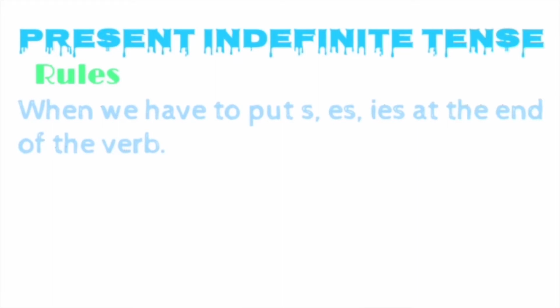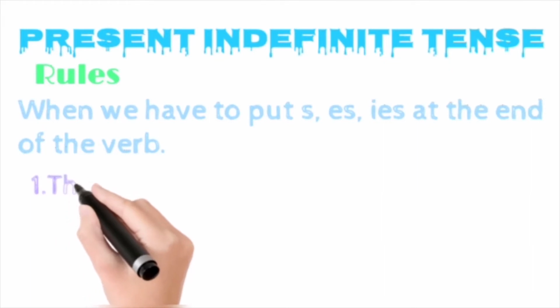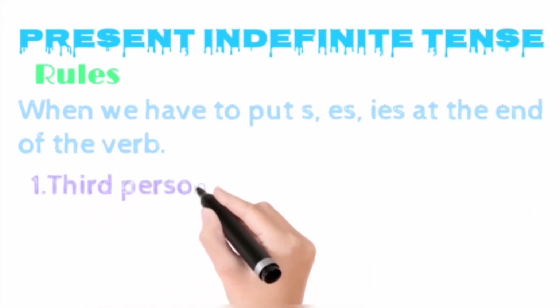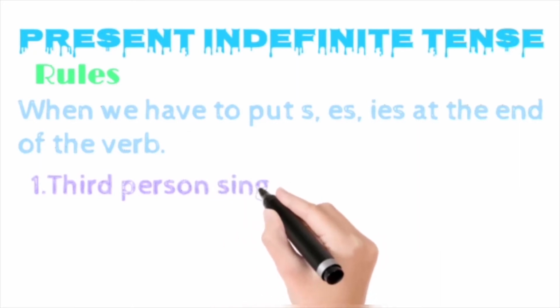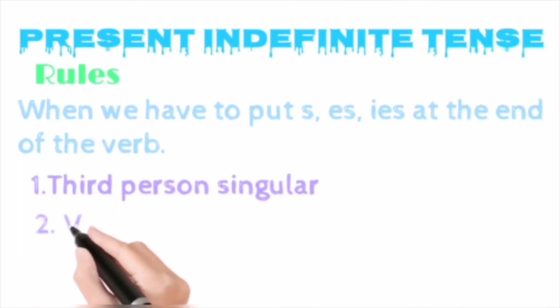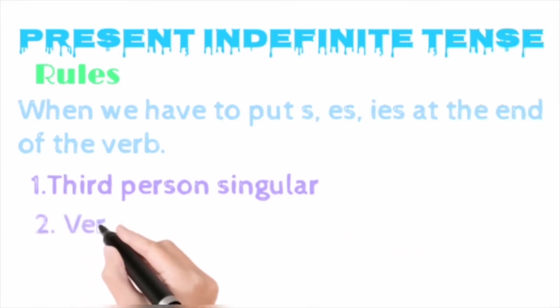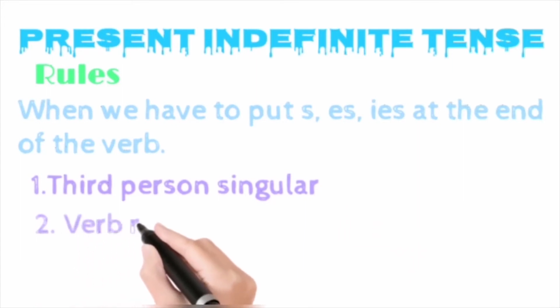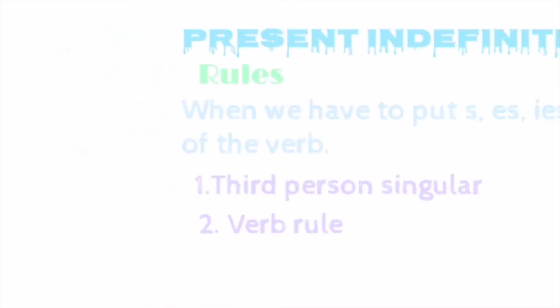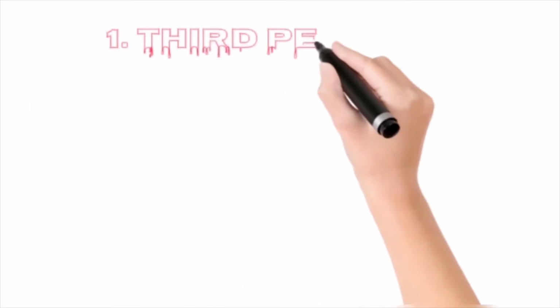Just for your better understanding, I am explaining it in two parts. Number 1, third person singular. What is third person singular? Number 2 is the verb rule.